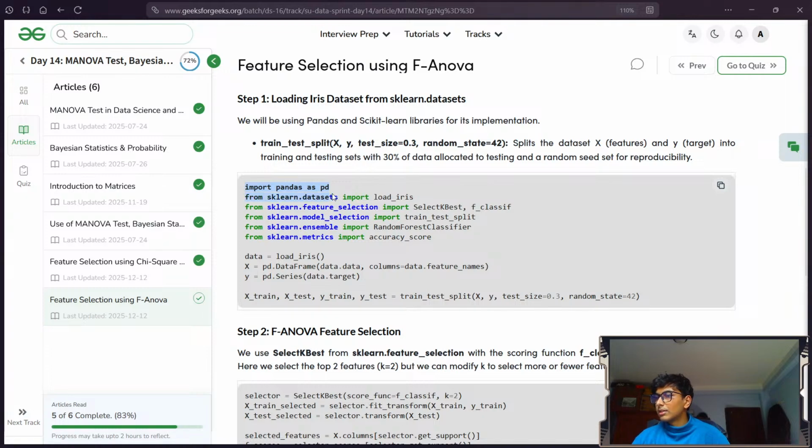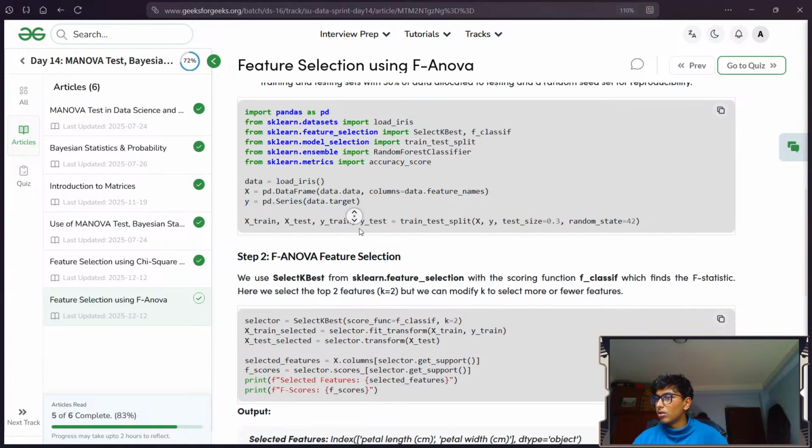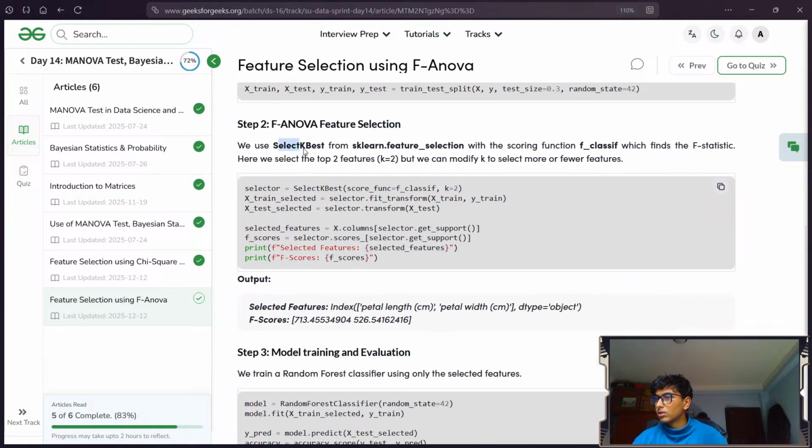Import pandas as pd, from sklearn datasets import load_iris, from sklearn feature_selection import SelectKBest, f_classif, import train_test_split, RandomForestClassifier from ensemble, and accuracy_score from metrics. Load the iris data into a pandas DataFrame with column names from the feature names, and pd.Series creates a series of the target. For feature selection, SelectKBest uses the scoring function f_classif, which finds the statistics.